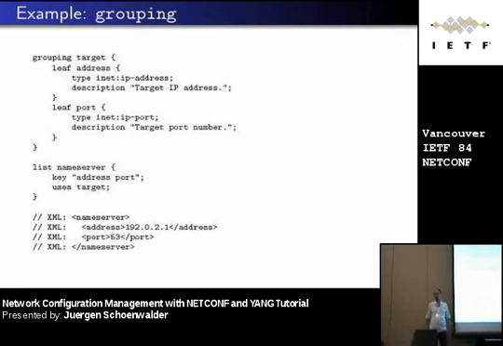So instead of spelling that out, I just use the grouping. Now I'm using different keys, but it doesn't change anything on the wire. On the wire, it's exactly the same. This is really just something for the data model writer. It is simply anything that's used on the wire.